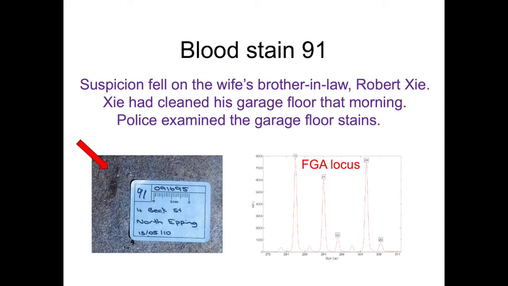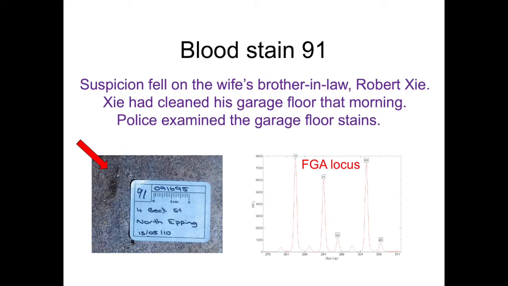Z had cleaned his garage floor that morning after the murder. The police examined many stains on his garage floor. This is blood stain 91. In the left figure, we see an arrow pointing to a small, short streak.